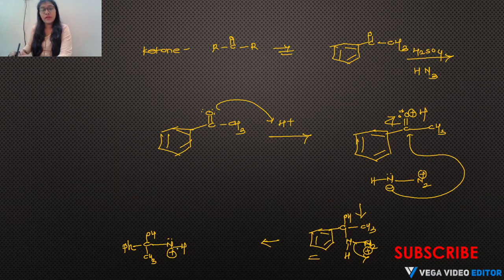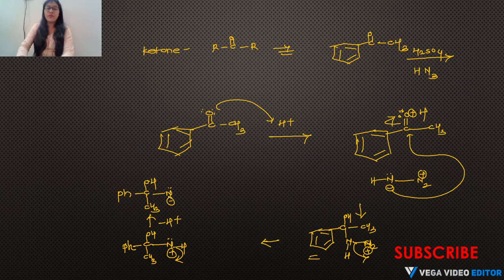Then after elimination of hydrogen, we get Ph, C, OH, CH3, with negative charge on nitrogen. Then the Ph group migrates to this nitrogen.